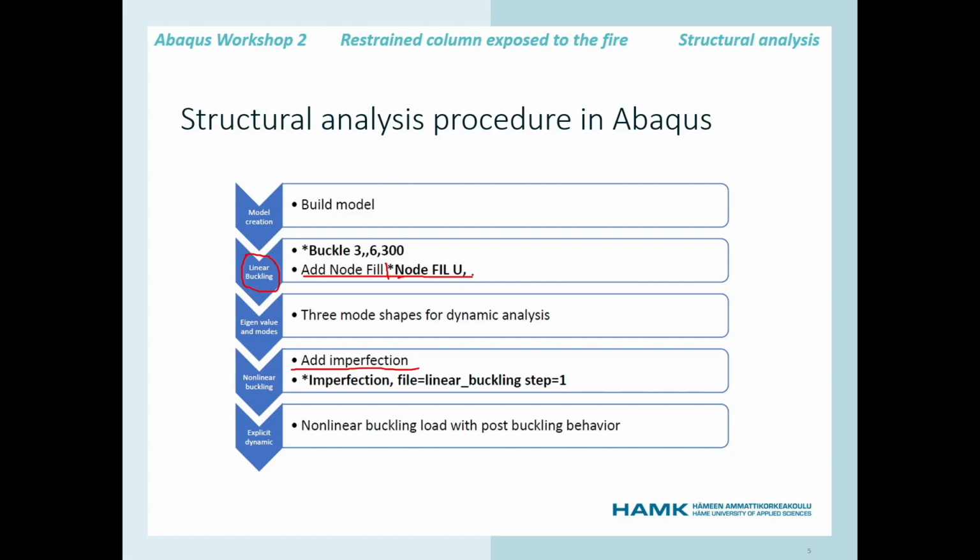Then we obtain the desired buckling mode shapes for the dynamic analysis, and then we link the imperfection with the result obtained from the buckling analysis, and finally run the dynamic analysis procedure.